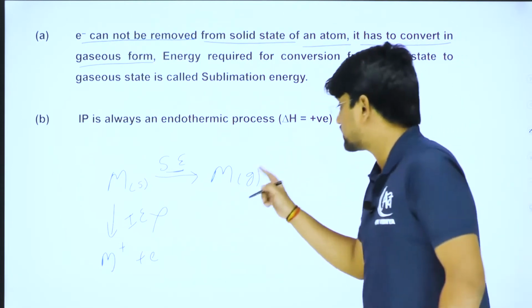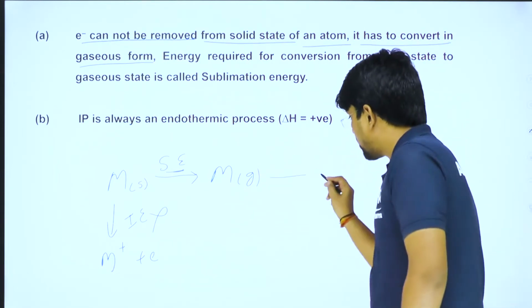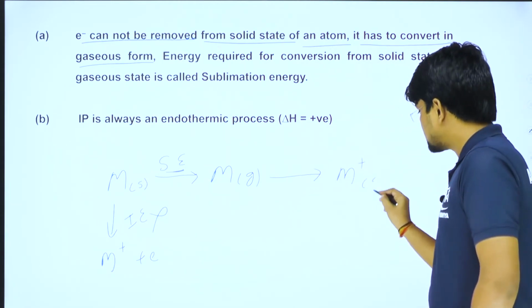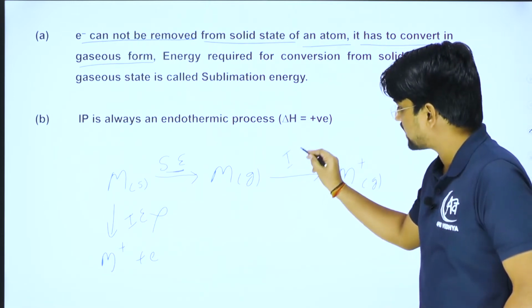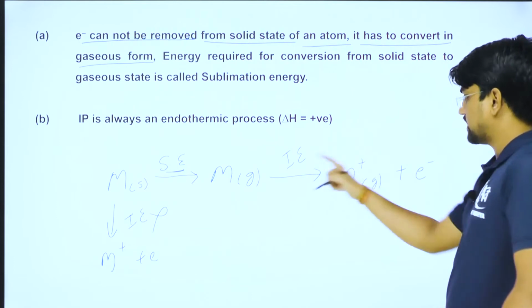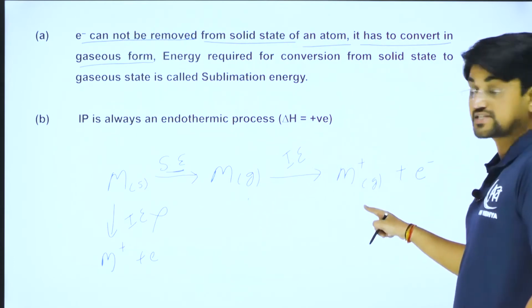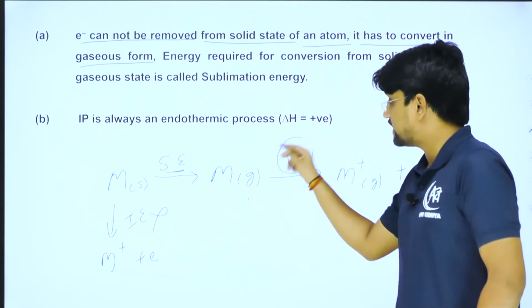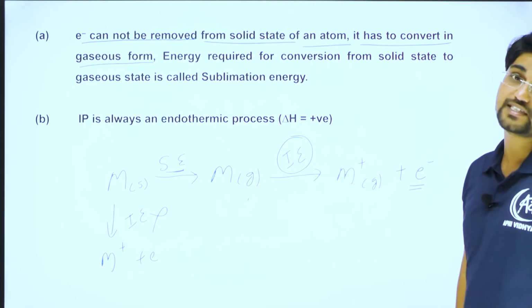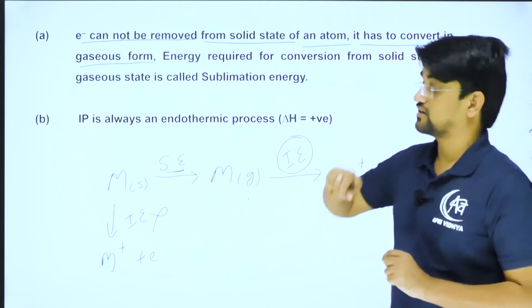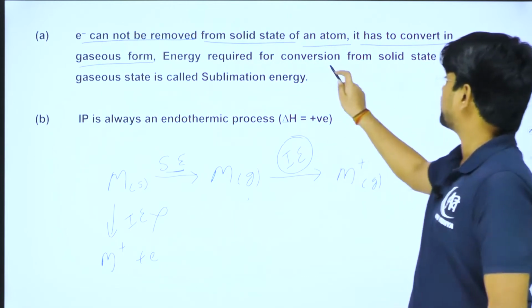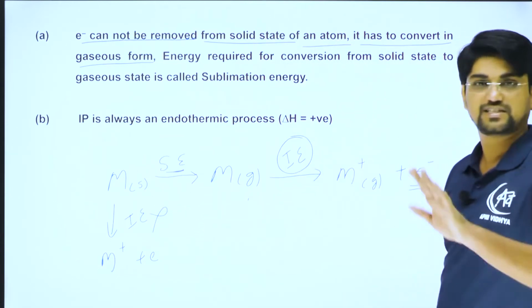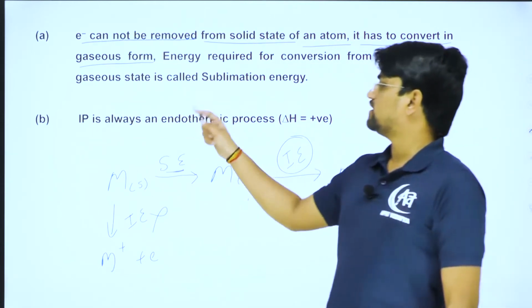Then it is converted into gaseous state, and now you can easily convert M gaseous into M plus gaseous plus an electron. The energy provided to remove the electron is the ionization energy. Complete this sentence: energy required for conversion from solid state to gaseous state is called sublimation energy. Clear? Very good.